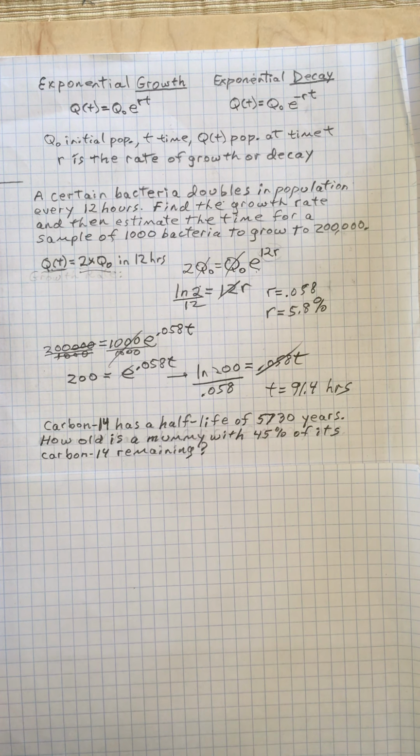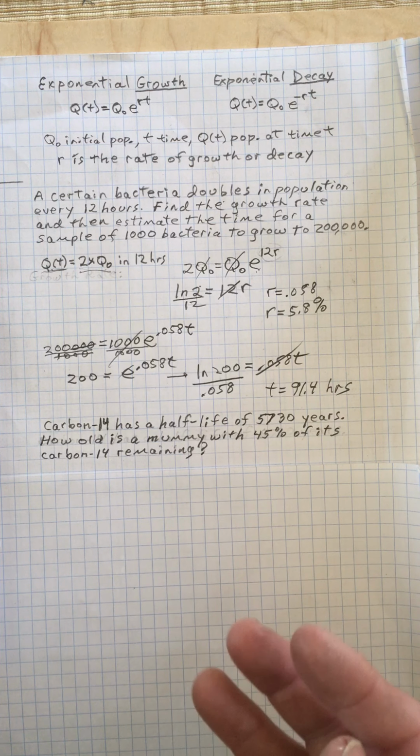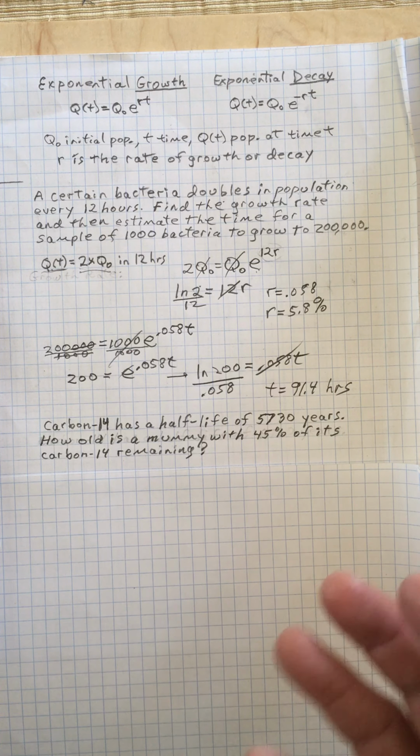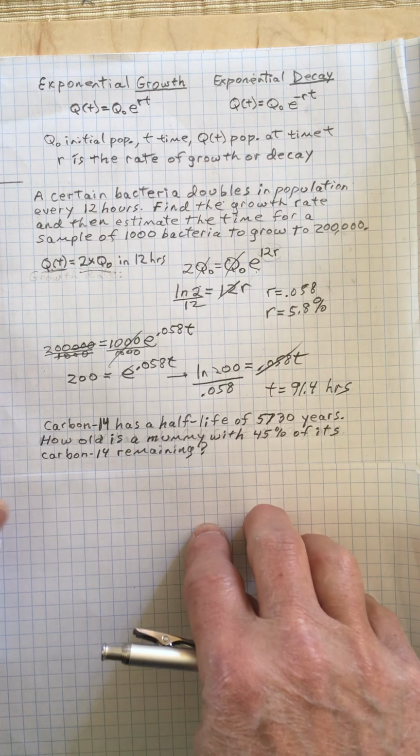And what happens is when a person, a tree, an animal, whatever, when they die, carbon-14 is no longer absorbed into that life form. So it starts decaying. And you can use that to approximate when this thing died. So roughly how old is it when you found it? So that's what's going on here.